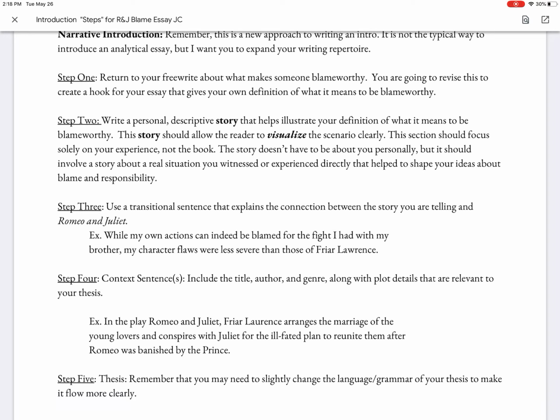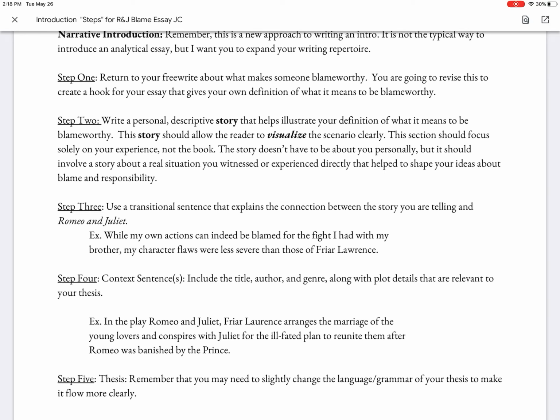The next sentence is a little bit of context. This is where you're going to include the tag: the title, author, and genre, and plot details that are relevant to your thesis. So now that I've introduced the character of Friar Lawrence, I'm going to give a little more here. "In the play Romeo and Juliet, Friar Lawrence arranges the marriage of the young lovers and conspires with Juliet for the ill-fated plan to reunite them after Romeo was banished by the prince." That's all context.